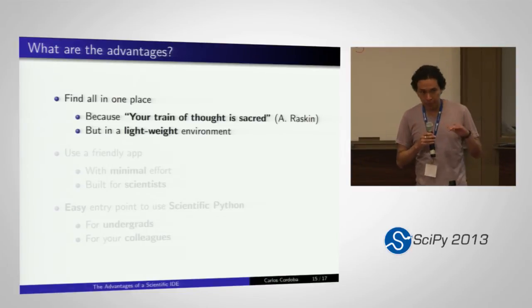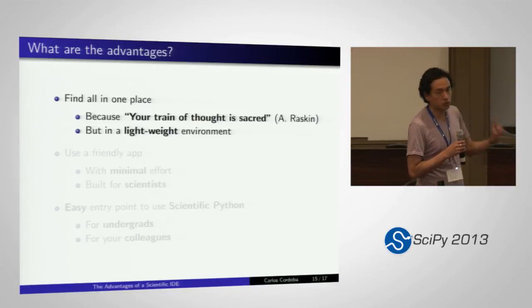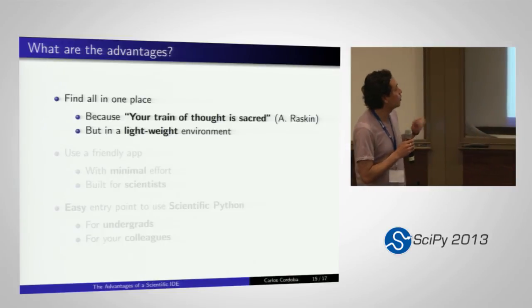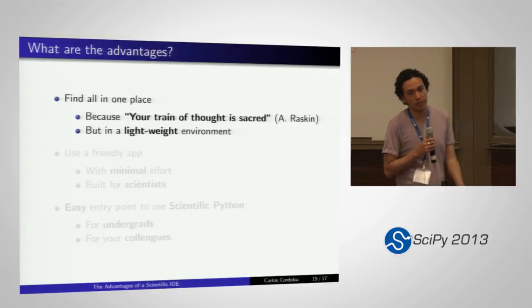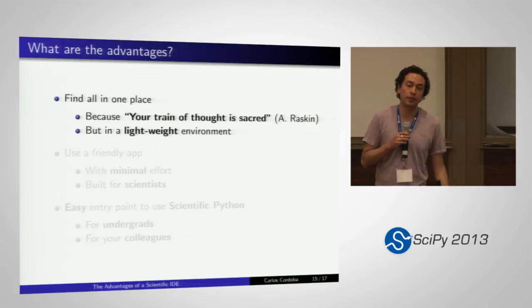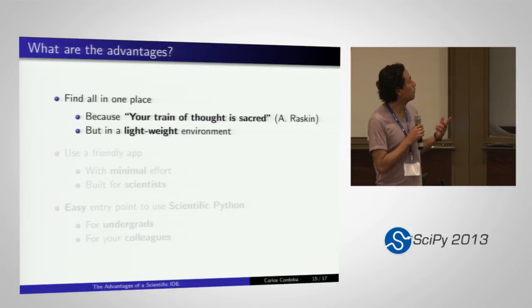We try to be very lightweight. But the most important thing about finding everything in one place is that your train of thought is sacred. That's not one of my phrases, but from Aza Raskin, who was lead developer of the Firefox user interface during the release of Firefox 4.